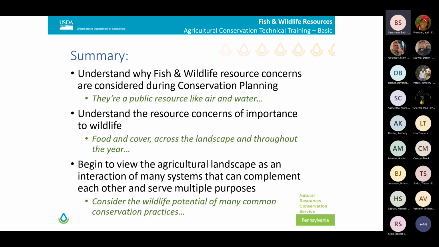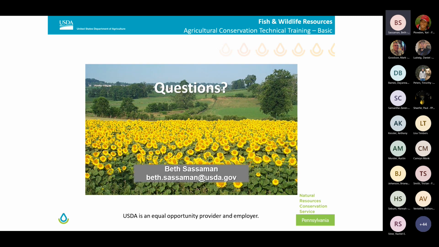And then to look at the agricultural landscape as an interaction of many systems that can complement each other and serve multiple purposes. So we went over a bunch of conservation practices or ideas that would integrate into a conservation plan nicely. And that's really what you're wanting to do is have this mindset shift that wildlife are out there anyway. What can be done on very small changes that can increase wildlife habitat and diversity. So I think that's all I have.